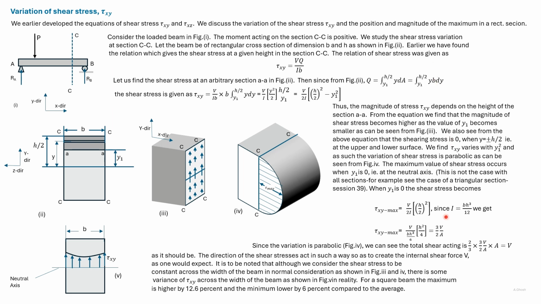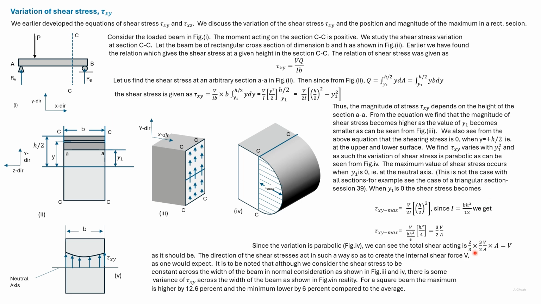Using I is equal to bh cubed by 12 and the area as bh, we can give maximum shear stress as 3 by 2 V divided by A. We can show that the total shear stress acting is equal to the internal force V. Since this variation is parabolic, then the total force would be 2/3 of tau max into the area.